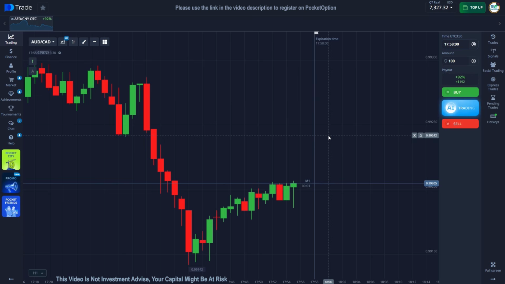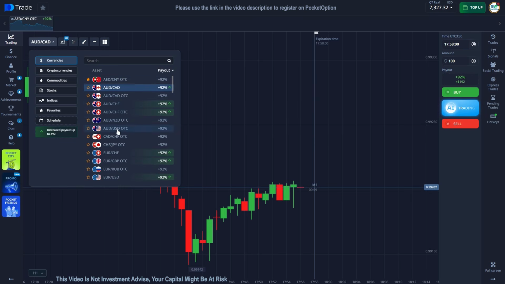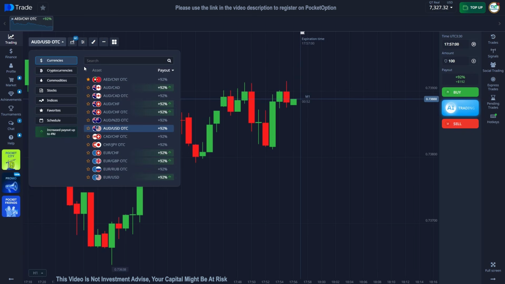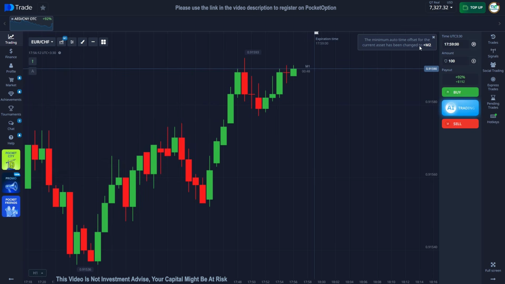Look, once again, I enter an OTC currency pair. I set the time to M1, but when I open a main currency pair, it automatically changes to M2.